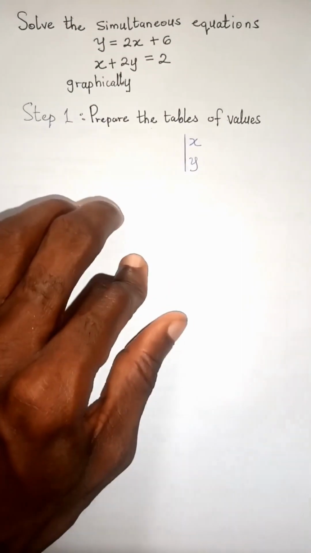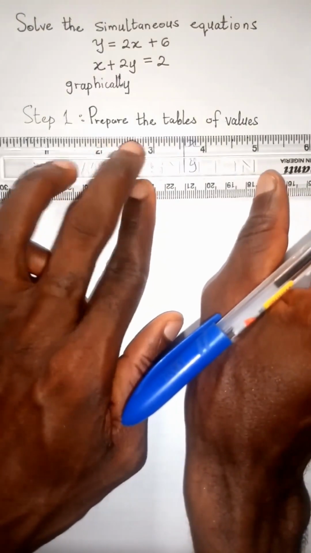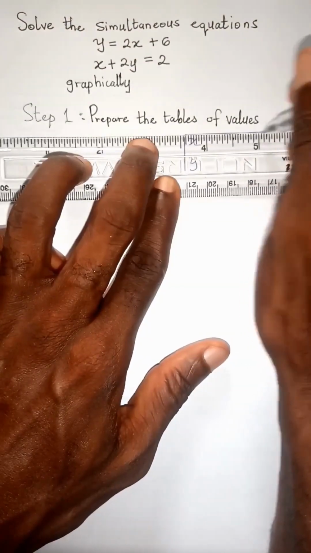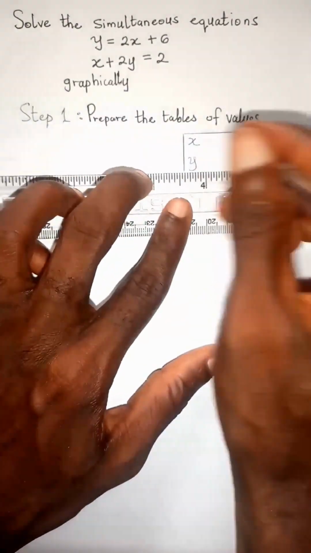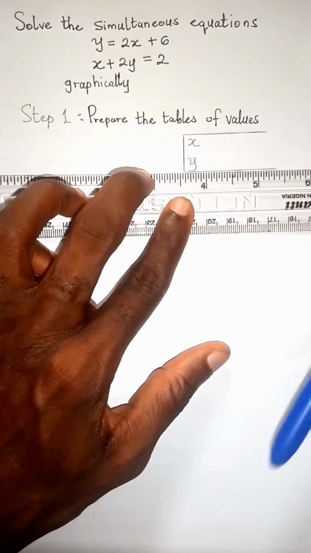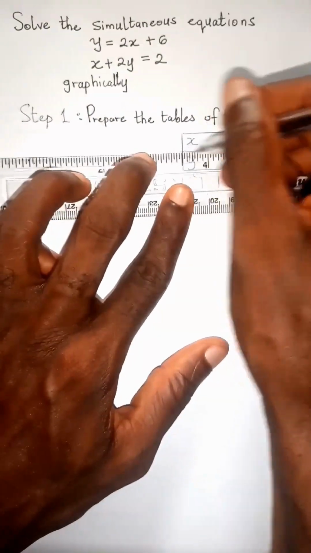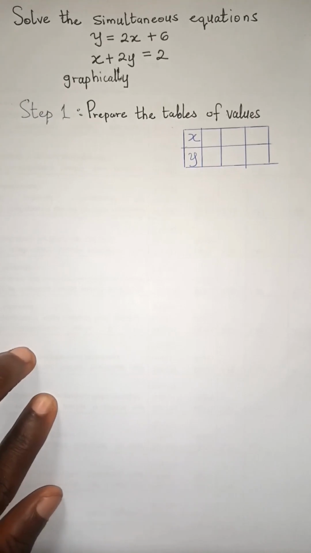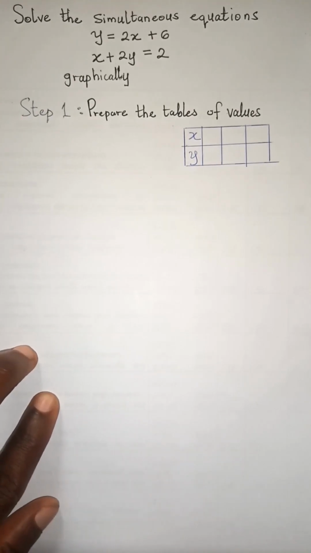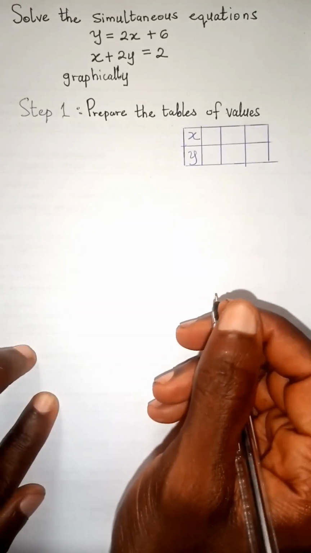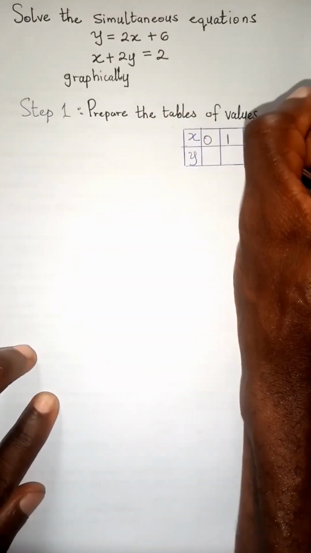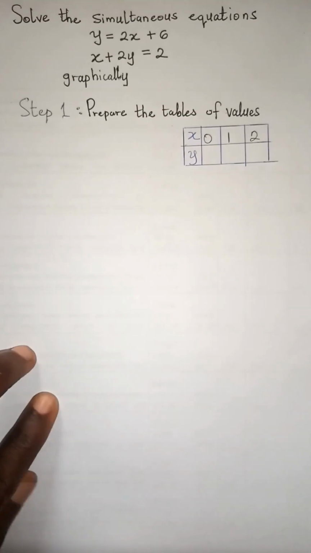Now, for any linear equation like this, two values should be okay. But we can always add a third value so that there won't be any error in the process. For these equations, we're going to choose 3 values of x and we'll find the corresponding values of y. Let's try out 0, 1, and 2 for x.